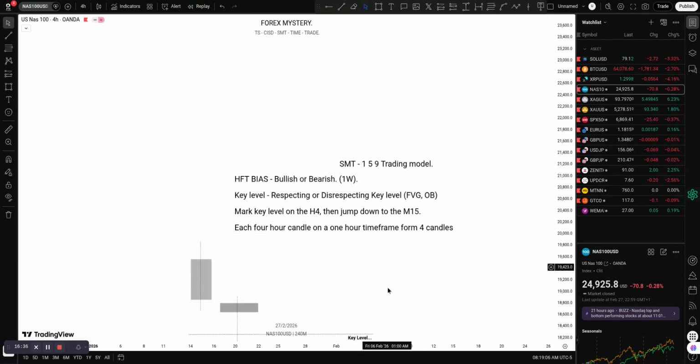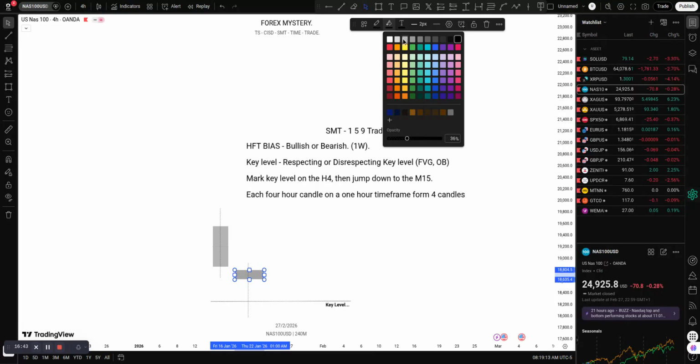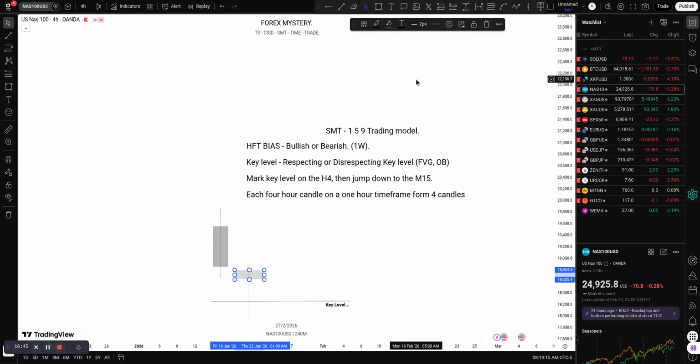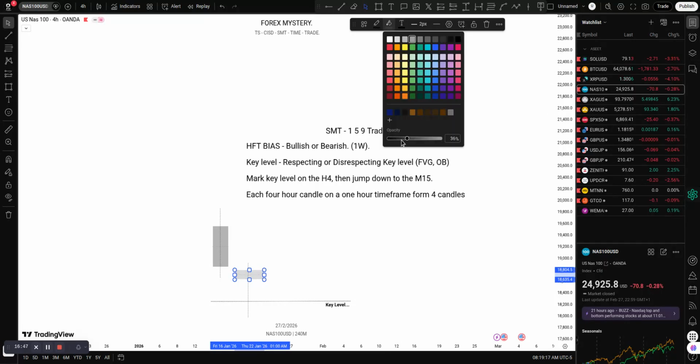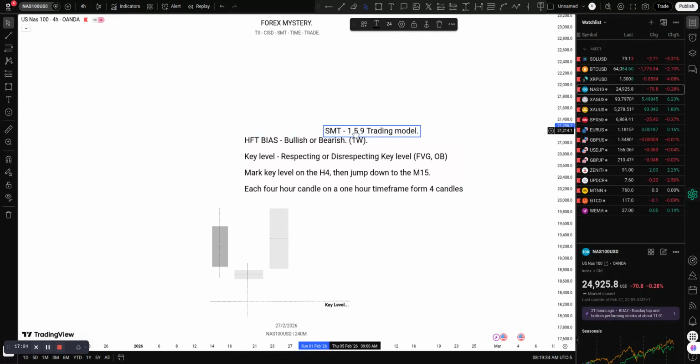So what you have to start doing is, if the color is like this, okay, good and fine. Now you can know that 9 is actually going to be bullish.